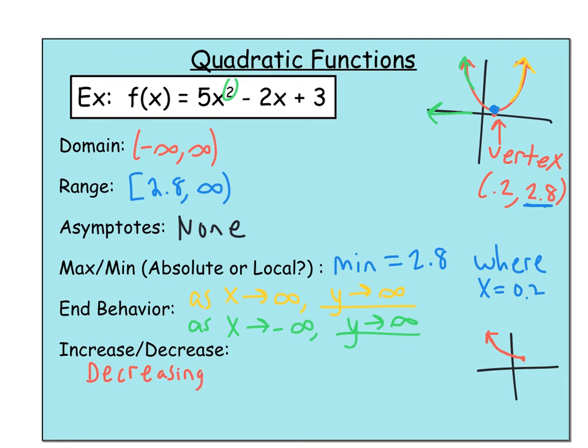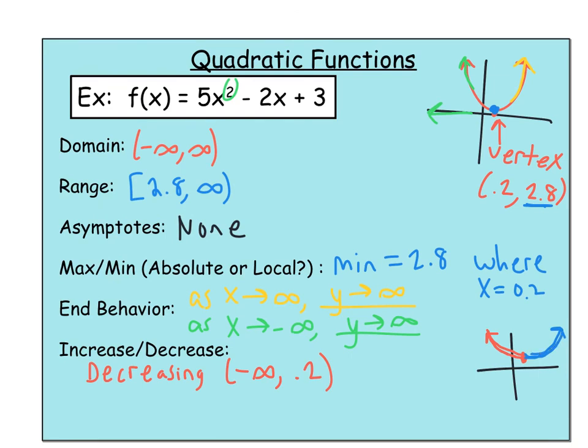It's decreasing, and these are x values now, from negative infinity all the way until it gets to that vertex. And what was the x value at the vertex? 0.2. Then the graph, as we keep going, starts to now be an increasing function. It switches.